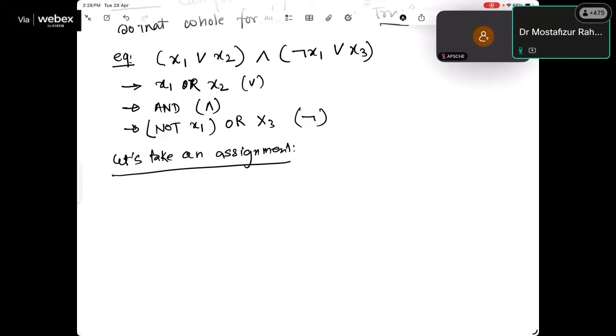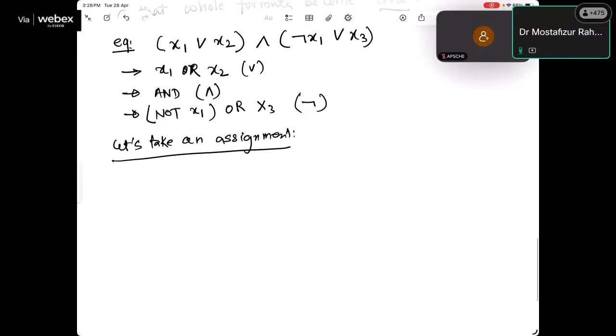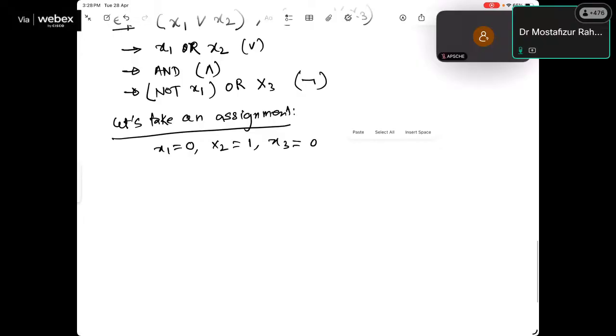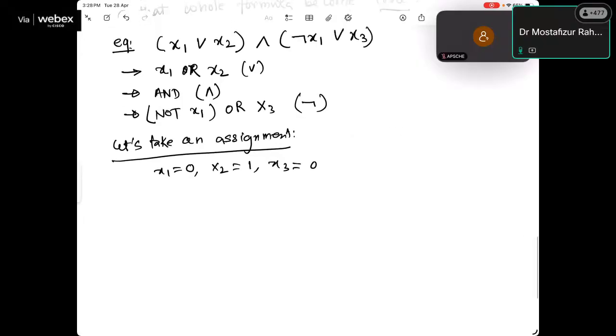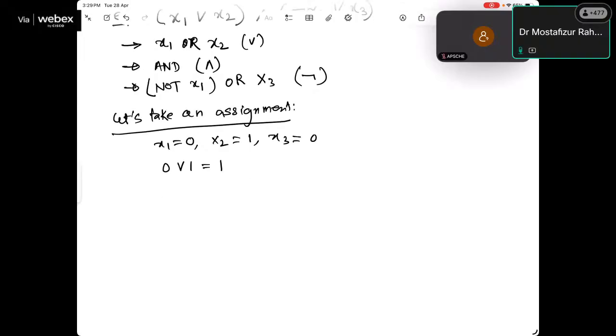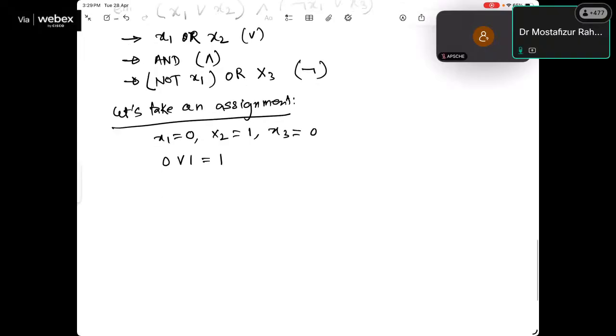So you may find multiple such assignments, and one of the assignments, suppose x1 equals 0, x2 equals 1, and x3 equals 0. If this is the assignment we choose, then the first part is 0 or 1, which equals 1, because in an OR logic, if one of them is 1, then the output is 1, right?